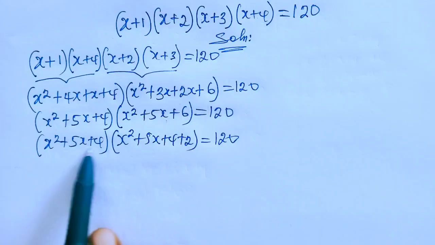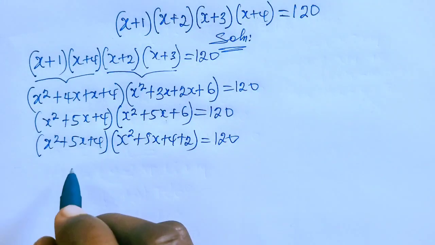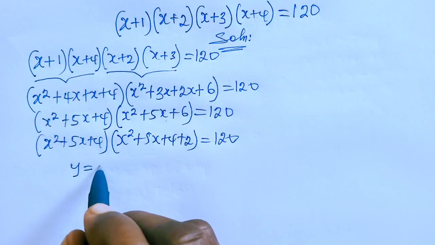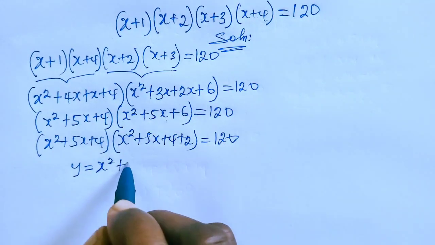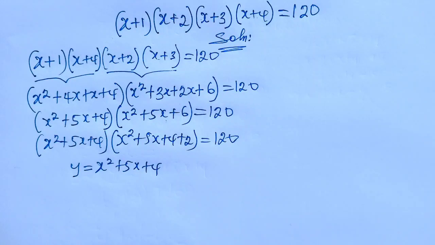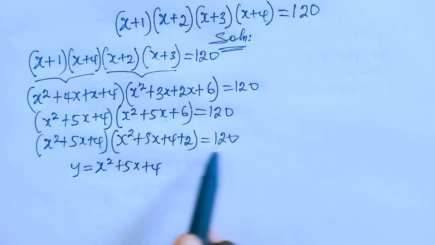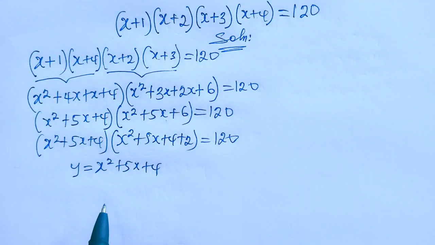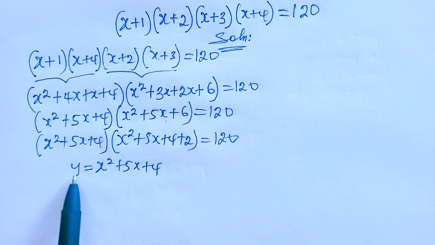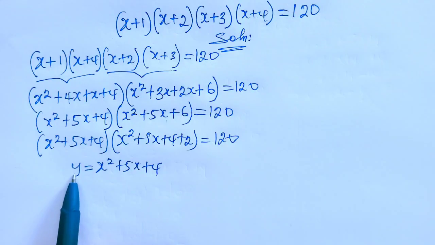Why I did this is that I'm going to set a variable y equal to x squared plus 5x plus 4, to make this equation easier for us. Now wherever I see x squared plus 5x plus 4, I'm going to substitute y.